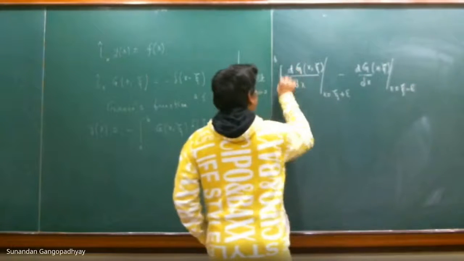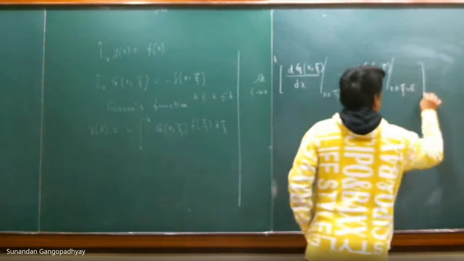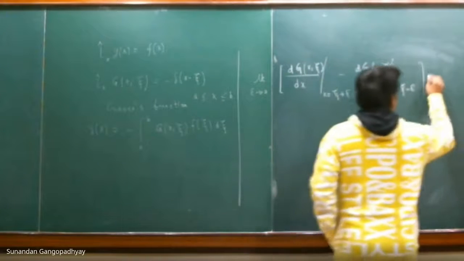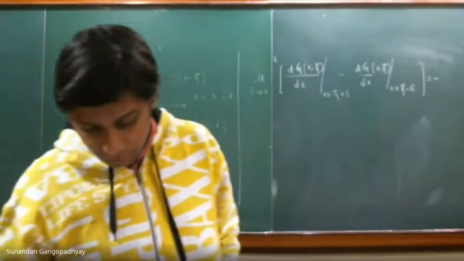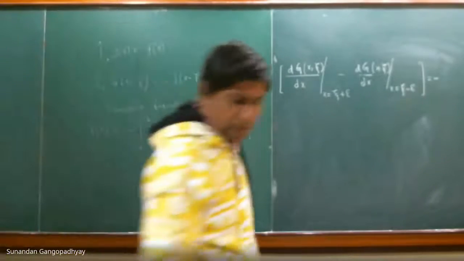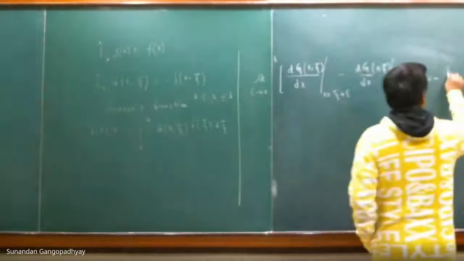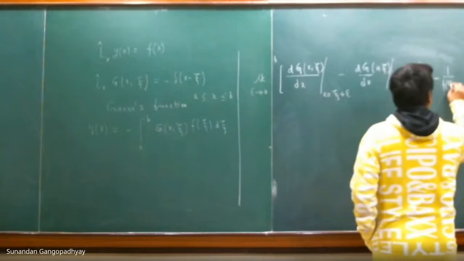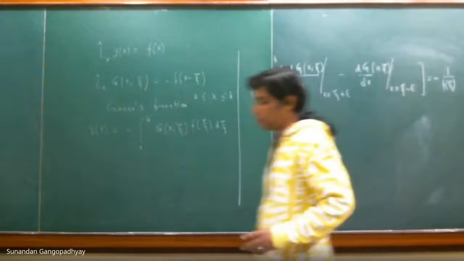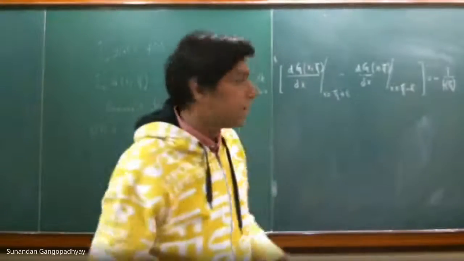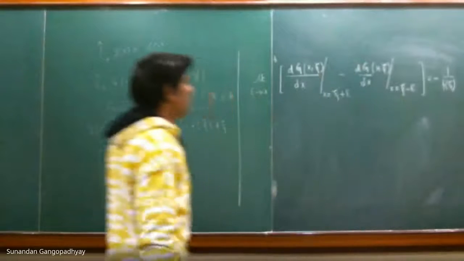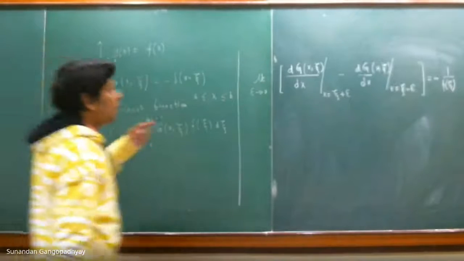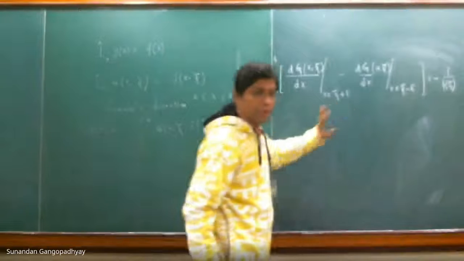We found that this derivative is discontinuous at the point x is equal to xi. The two derivatives approached from the right hand side and the left hand side differ by this amount. This was the relation that we derived in the previous class.